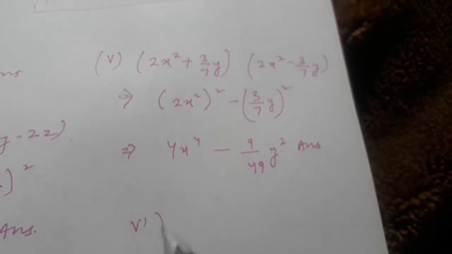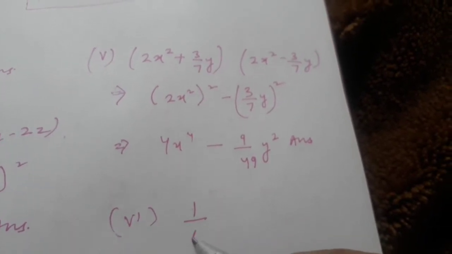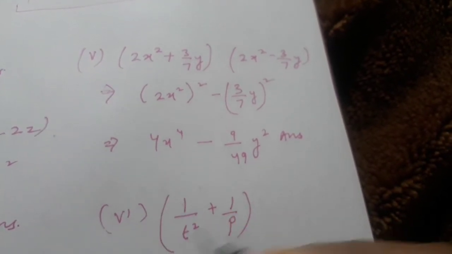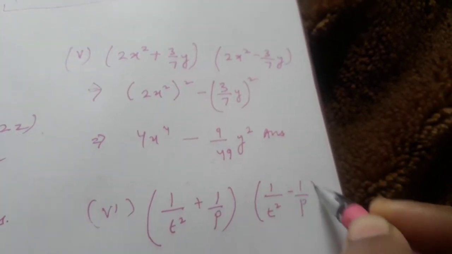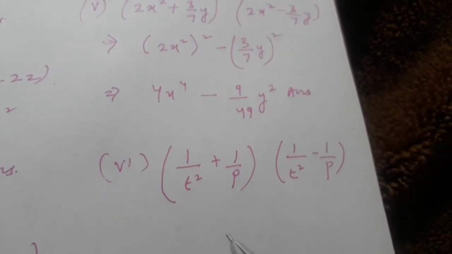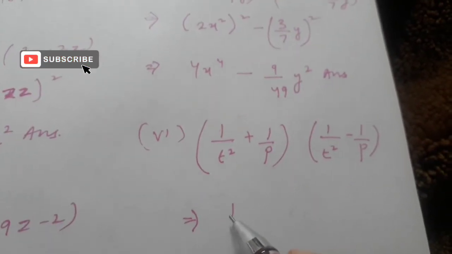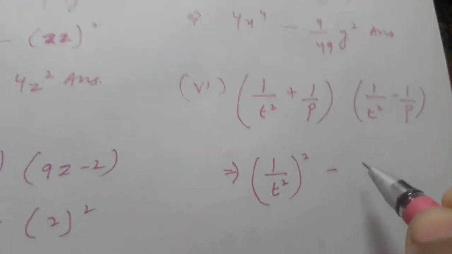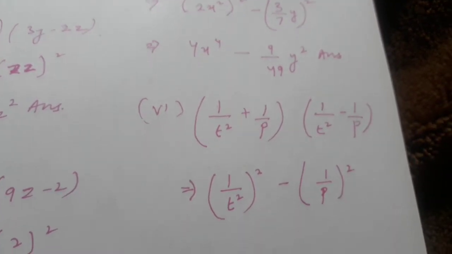Let's move to the sixth part. Sixth part is 1 by t square plus 1 by p and 1 by t square minus 1 by p. So in here 1 by t square would be a and 1 by p would be b. So how would we solve it? (1 by t square) whole square minus (1 by p) square.